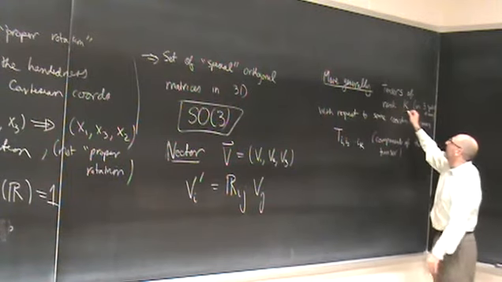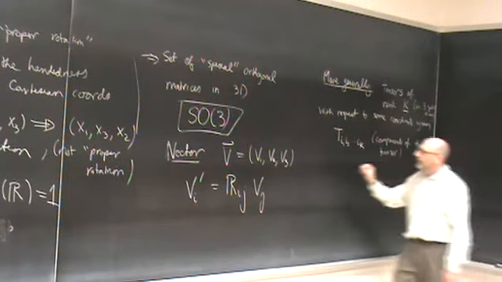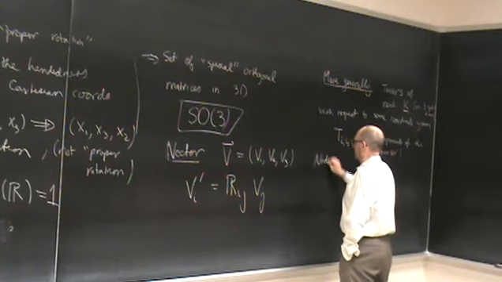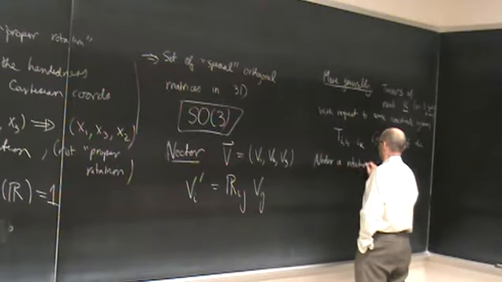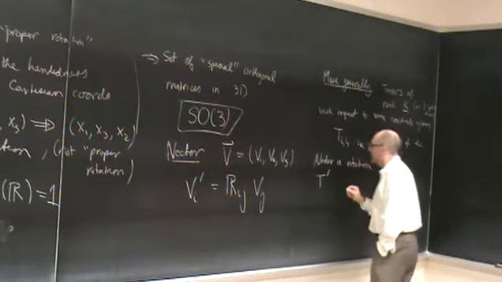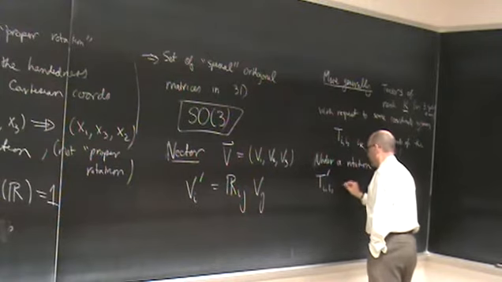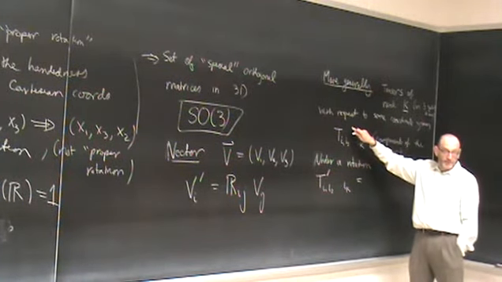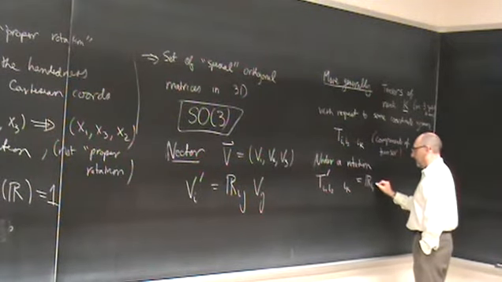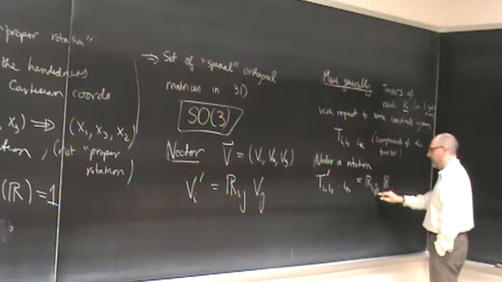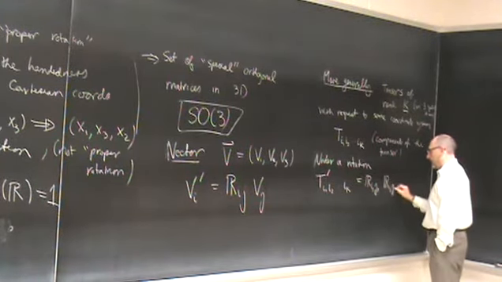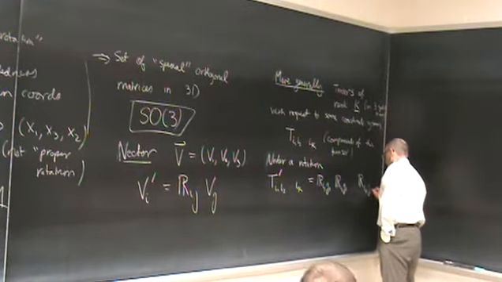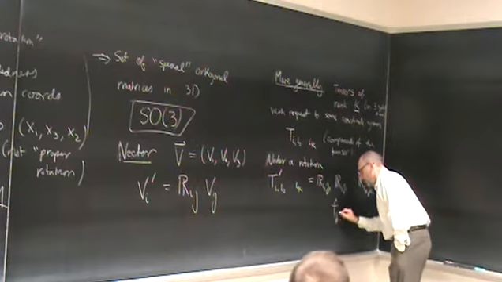If it is a tensor of rank K, then under a rotation, the rotated tensor has these components, and it's related to the components before the rotation by a series of rotations. So I apply the rotation matrix to the first index, I apply a rotation matrix to the second index, etc., times T, j1, j2, dot, dot, dot.